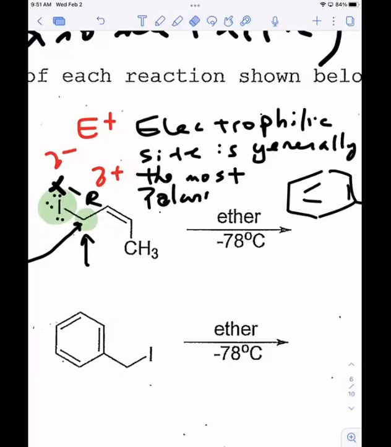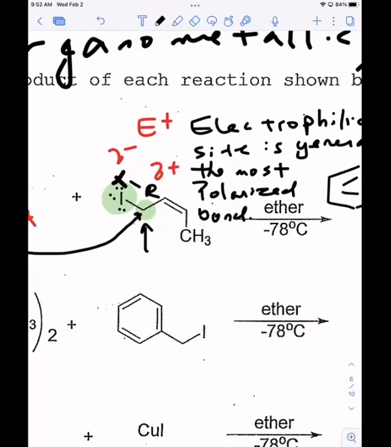Anytime you have an electrophile, the site where it's going to react is usually the most polarized bond. So that polarized bond between carbon and iodine is where the reaction is going to take place.